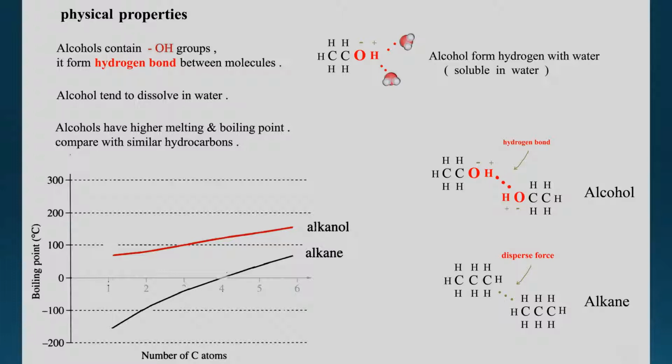Alcohol has an OH functional group, which forms hydrogen bonds together, so you have a much higher boiling point. Comparing alkane to alkanol, the boiling point rises almost 100 degrees. Students, please know this difference and learn this properly.